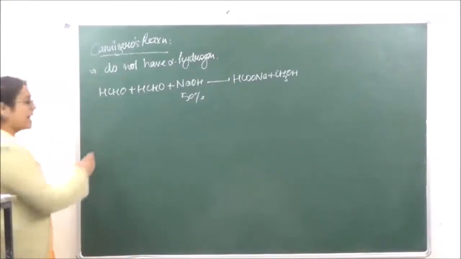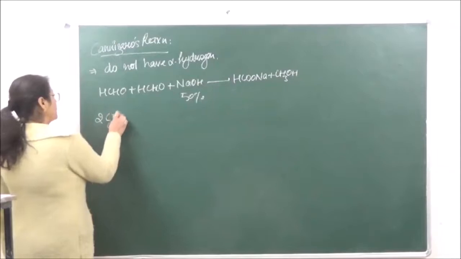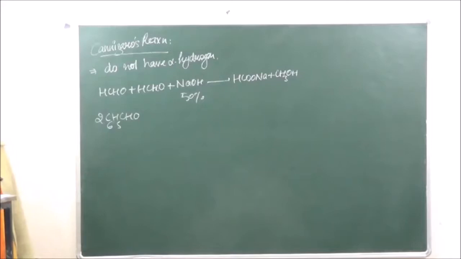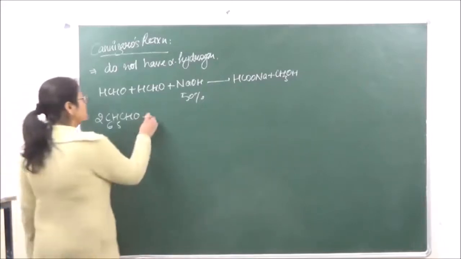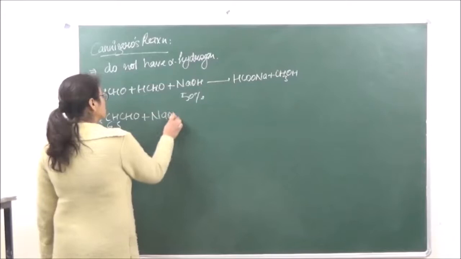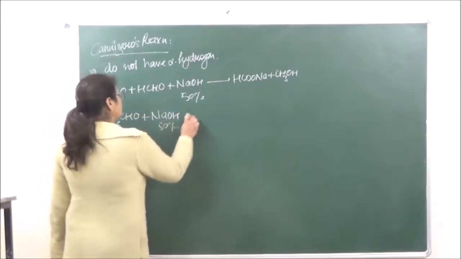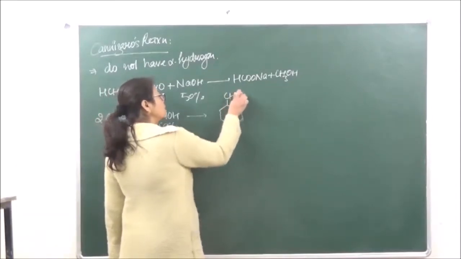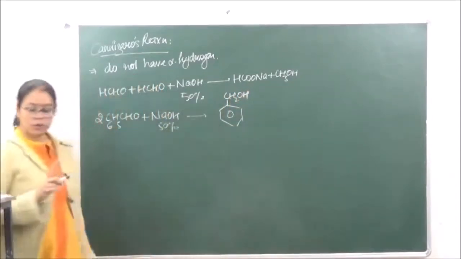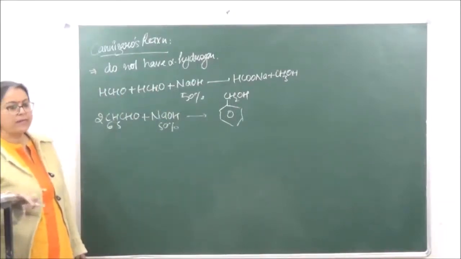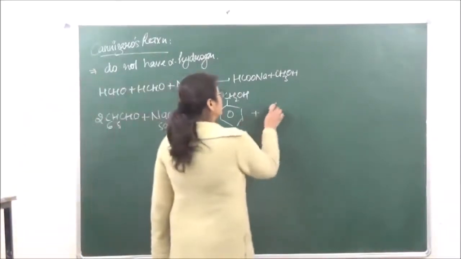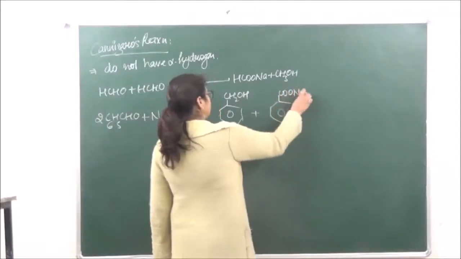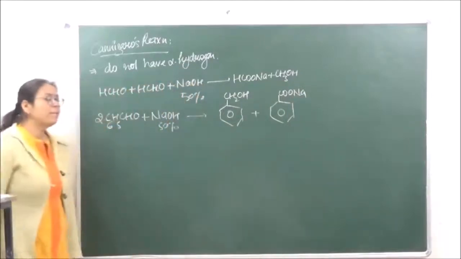Or if we have 2C6H5CHO, we are taking benzaldehyde, plus again 50% solution of NaOH. So we are going to get benzyl alcohol. One is going to be alcohol and the other one is going to be a salt of sodium, C6H5COONa, sodium benzoate.